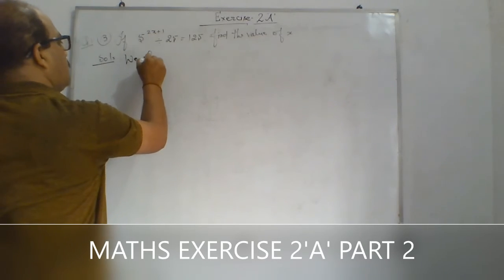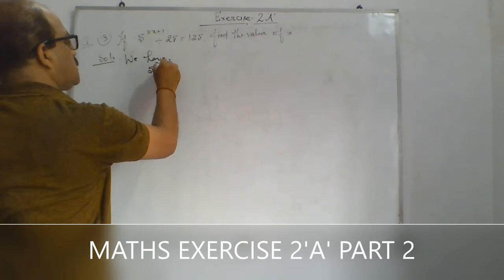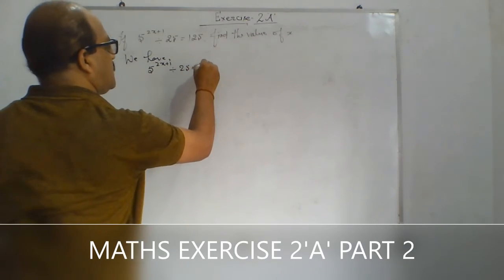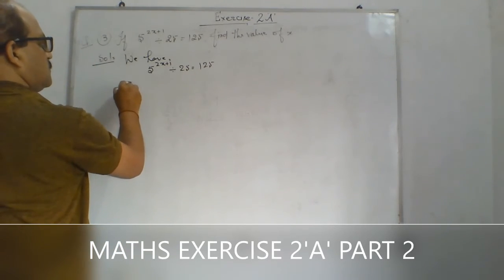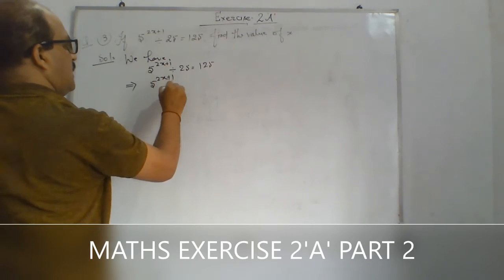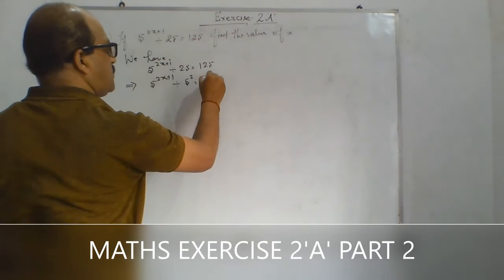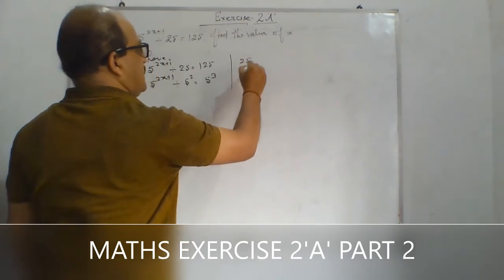We have 5^(2x+1) divided by 25 is equal to 125. So 5^(2x+1) divided by 5^2 is equal to 5^3, because 25 is 5 to the power 2.